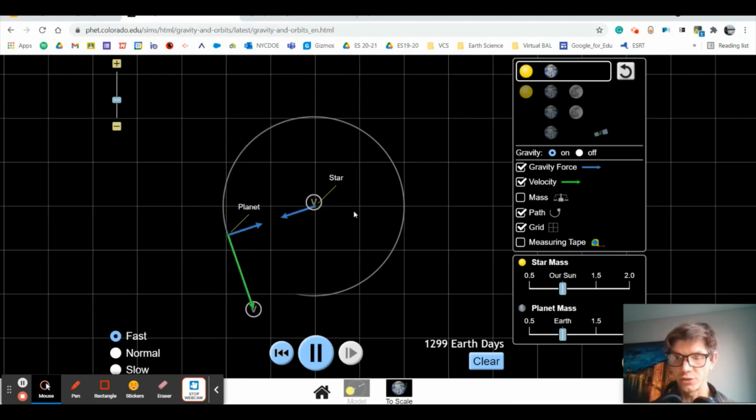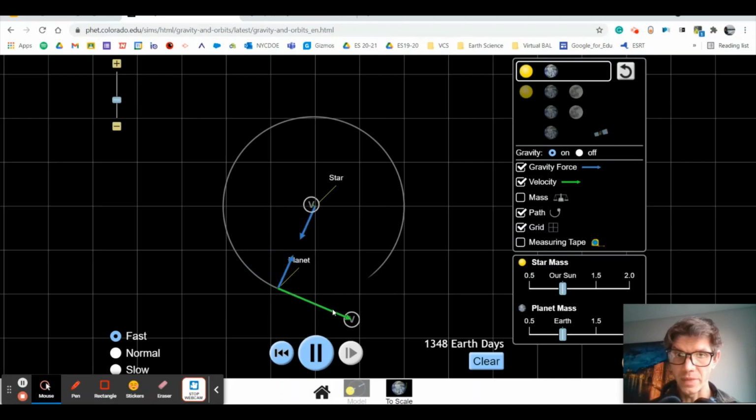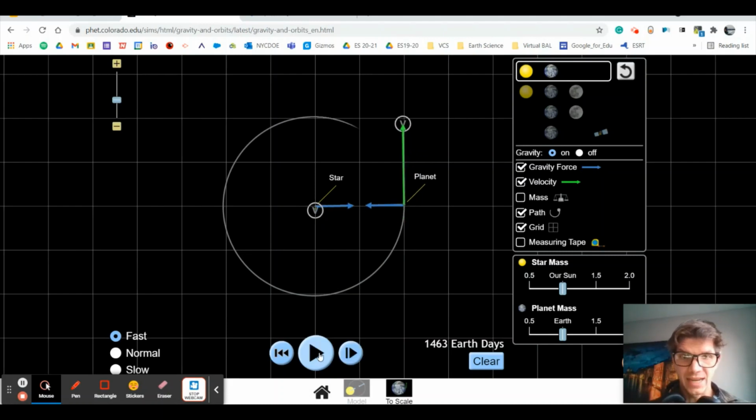So in order to leave Earth's orbit and travel to a planet that has an orbit outside of the Earth, scientists are essentially changing the velocity of a spacecraft. So they're kind of taking this and maybe increasing the speed a little bit and changing the angle.